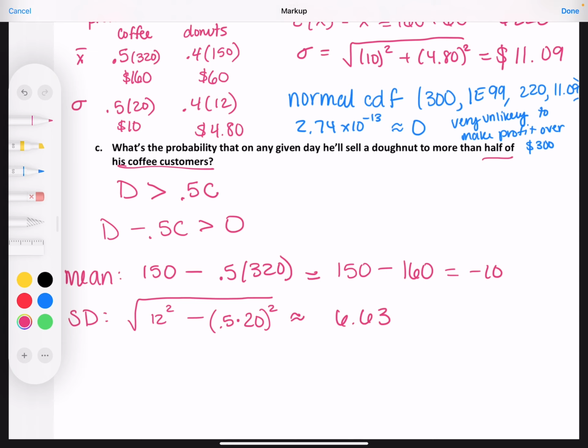Okay, so then it was a picture. How do you know if you have to draw a picture? Just draw the picture, because I want to know if I got donuts to more than half of the coffee.